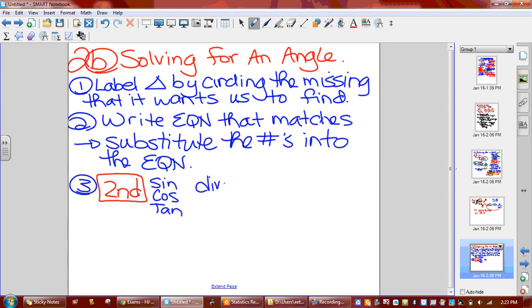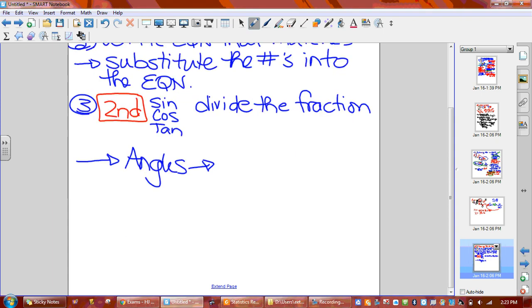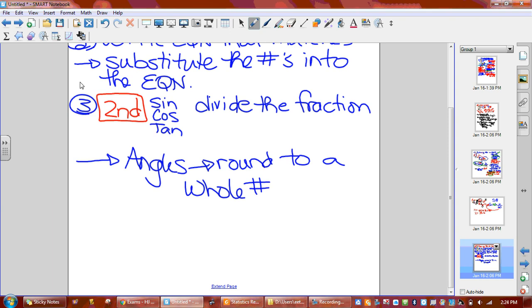Okay, and unless otherwise told, angles are rounded to the nearest whole number. Round to a whole number unless asked otherwise. So if it's stated otherwise in the question, do it the way it's stated. Otherwise, you're always going to be doing it to the nearest whole number for an angle.